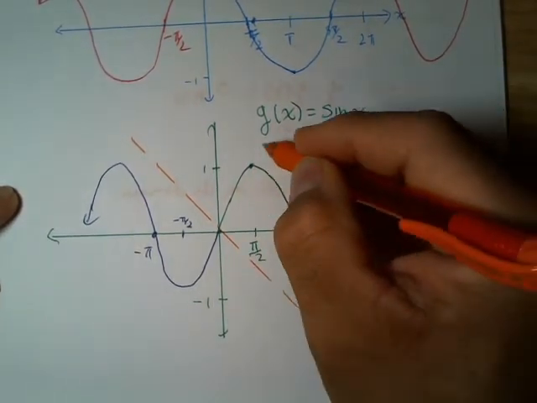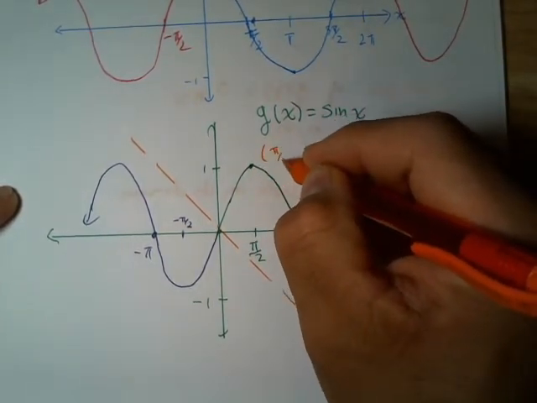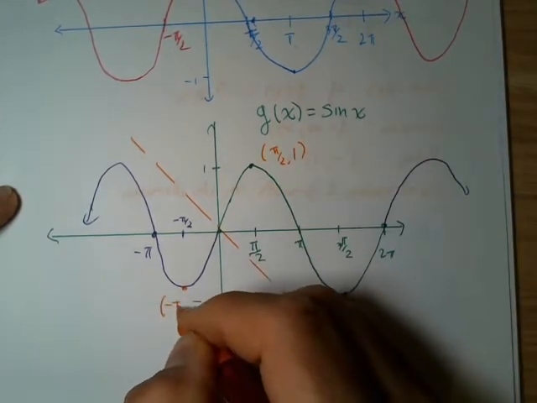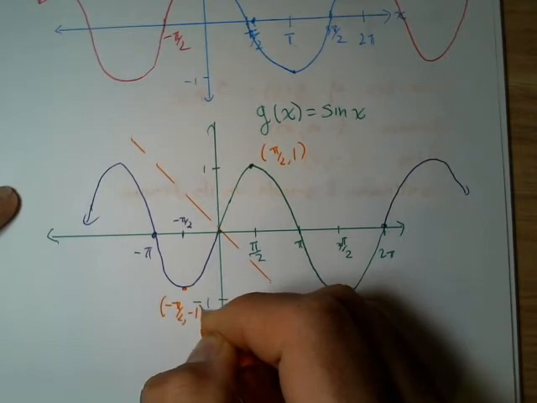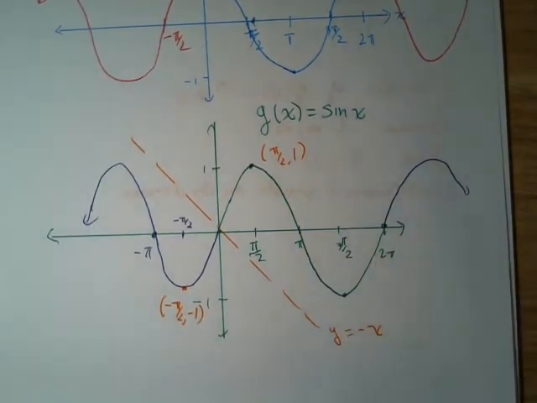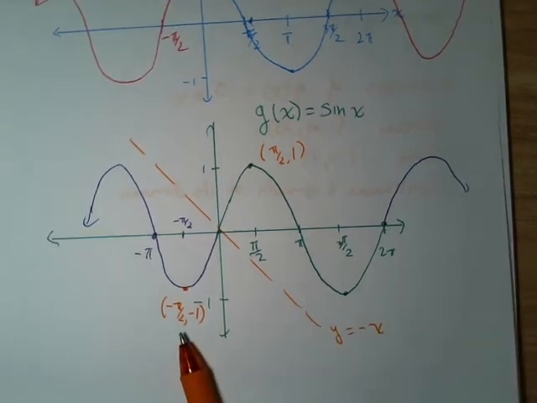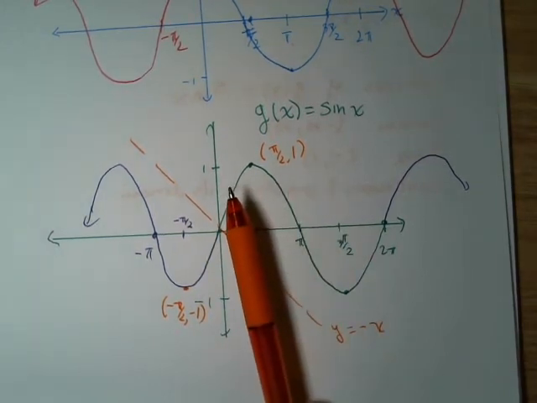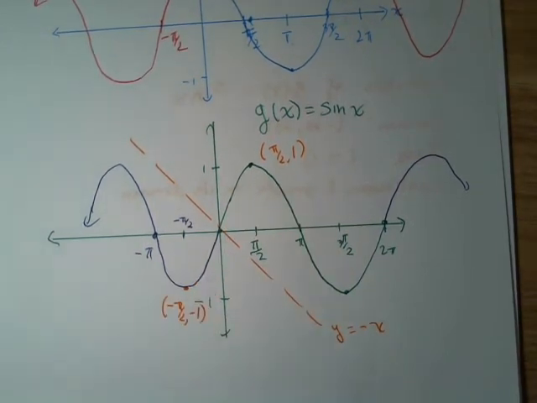Here, this point is pi over 2, 1, and this point is negative pi over 2, -1. Remember, when we covered identities, we said if it was odd, sine of -x equals negative sine of x, so it has that property here. It's reflected across this line, and that makes it odd.